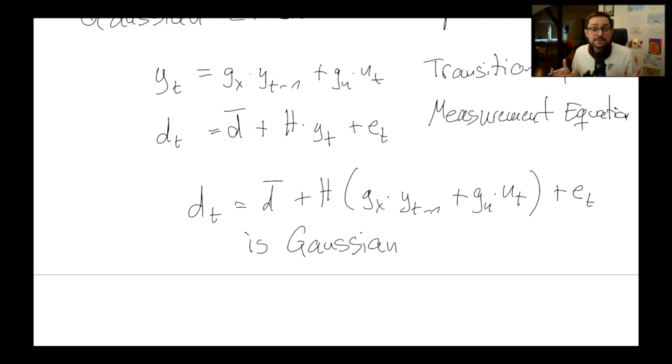Now, a Gaussian distribution can be described by its first two moments, and that's all we need to know: the mean and the covariance matrix. However, in this equation, we already saw that the mean and the covariance of this distribution depend on the mean and covariance matrix of yt minus 1. And the problem I have here is that I do not observe yt minus 1.